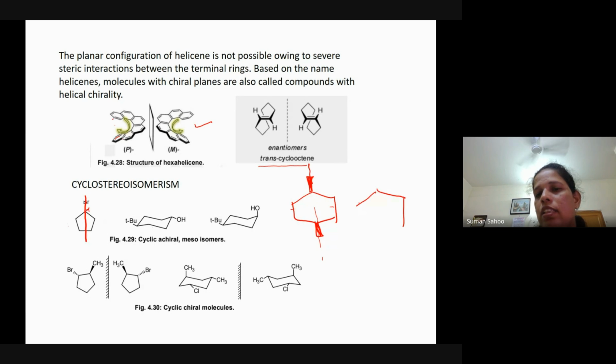So they are achiral. But what about this one? When you have disubstituted, they are present in mirror forms, and both are non-superimposable. So these two are enantiomers. Even this trisubstituted cyclohexane is also present in enantiomeric forms.